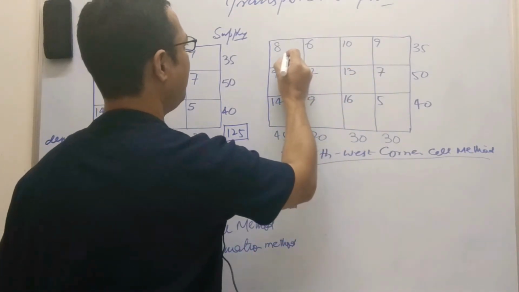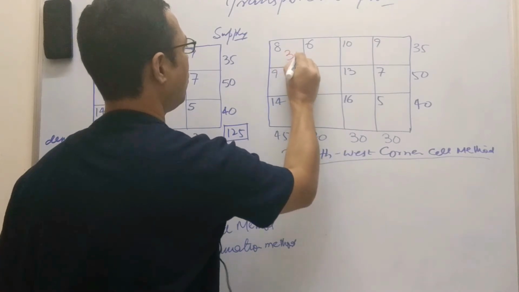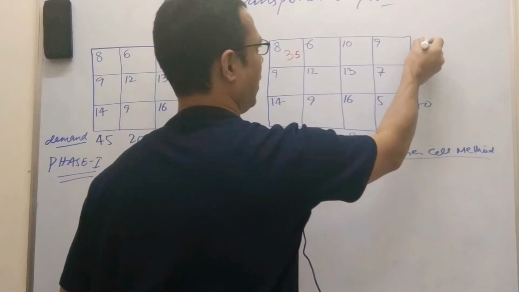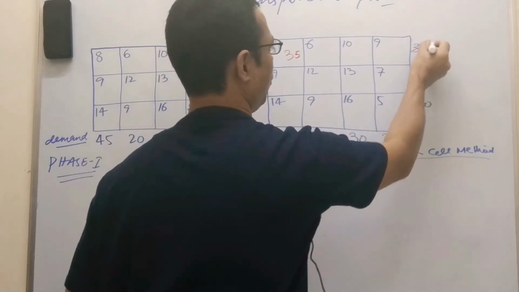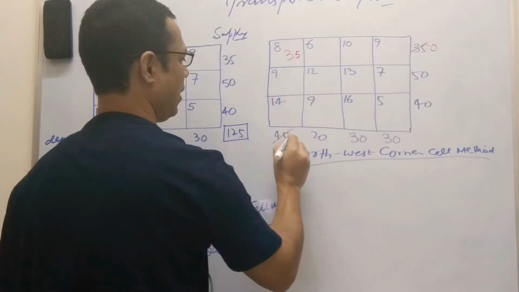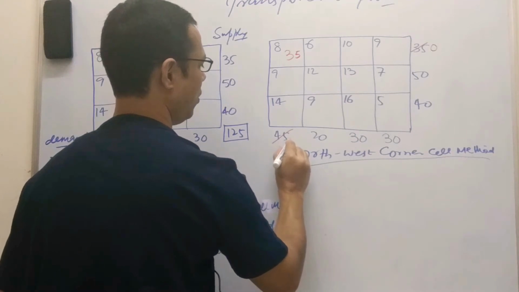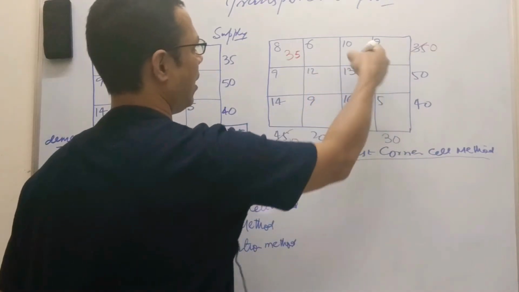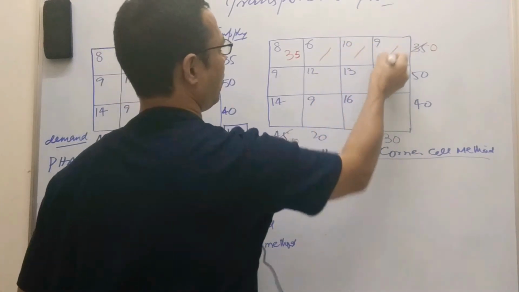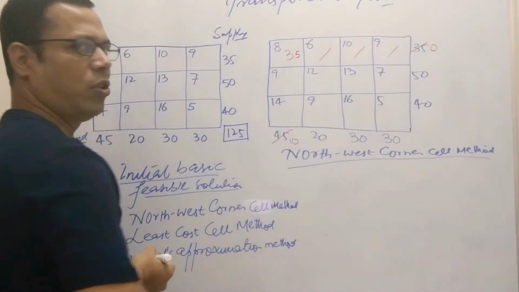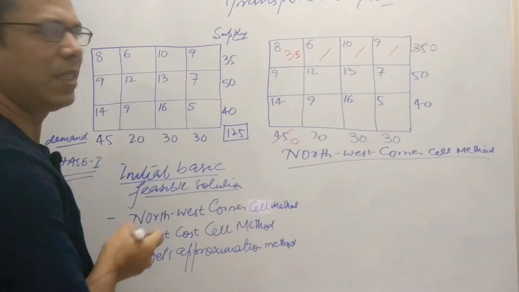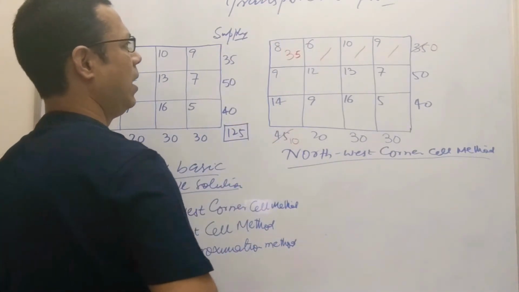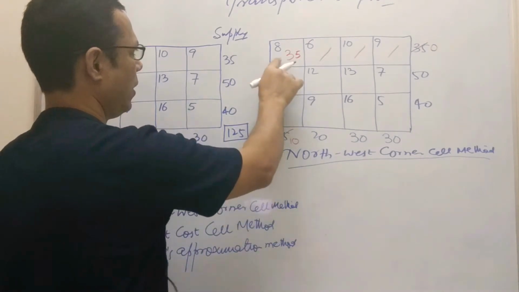So 35 will shift to this cell and these two will get cancelled. So 35 will become 0 and 45 minus 35 gives 10. Because all the supplies have been fulfilled, there are no more products to fulfill the demand points. I have given all these 35 to this corner cell.